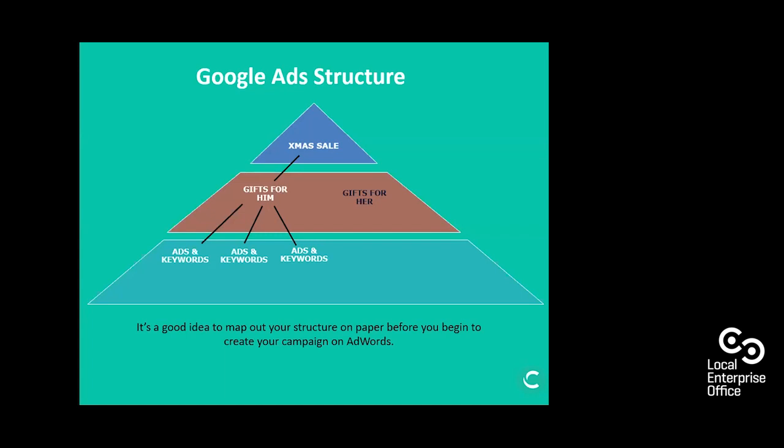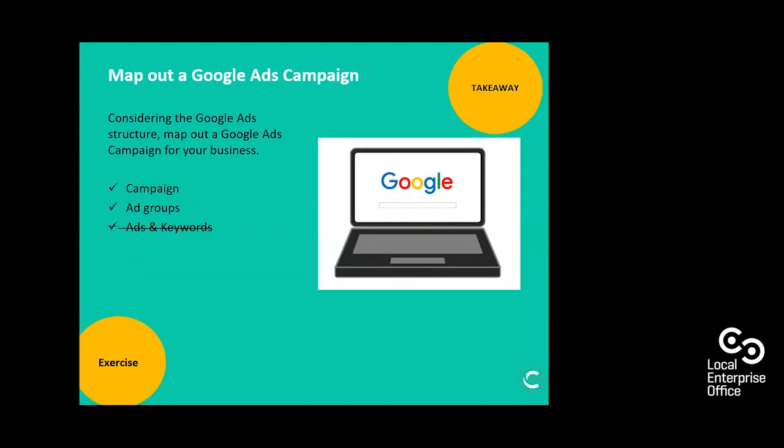What I always say to people is, before you even start to engage or set up a Google Ads account, it's a really good idea to map out what your campaign might look like on either physical or virtual paper.